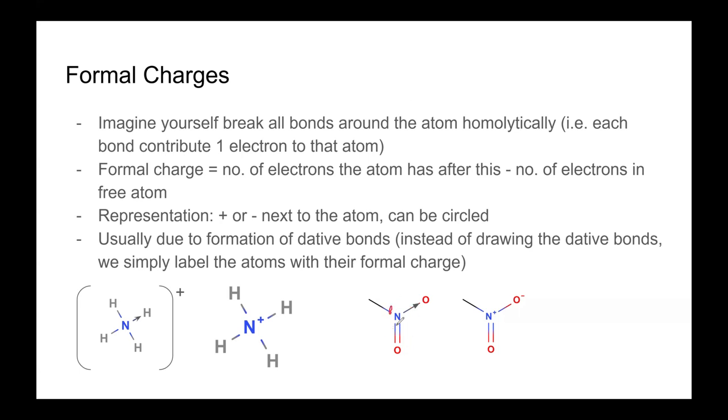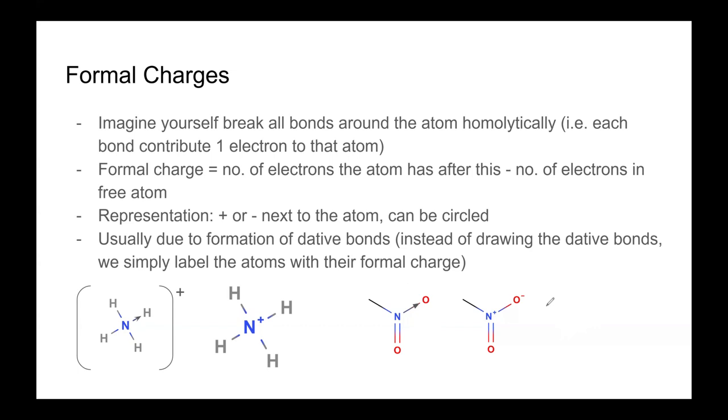The nitrogen will have 1, 2, 3, and 4 electrons around it after you break all the bonds. And these 4 electrons are one less than the 5 electrons that the nitrogen usually has in its valence shell, and that is why the nitrogen will have a formal positive charge. Then for oxygen here, if you break this bond homolytically, then you have 7 electrons around it, and oxygen usually has 6. So this is a formal negative charge here.